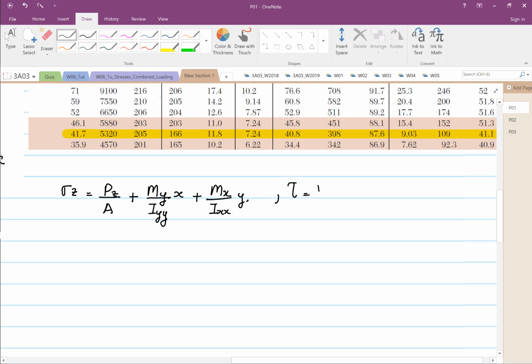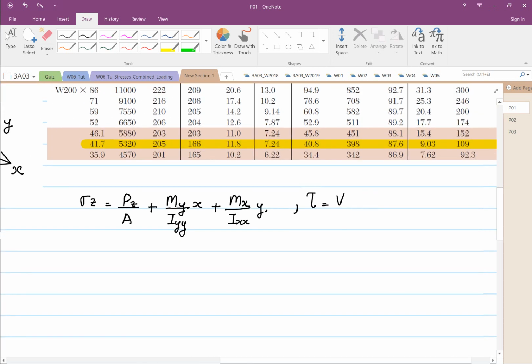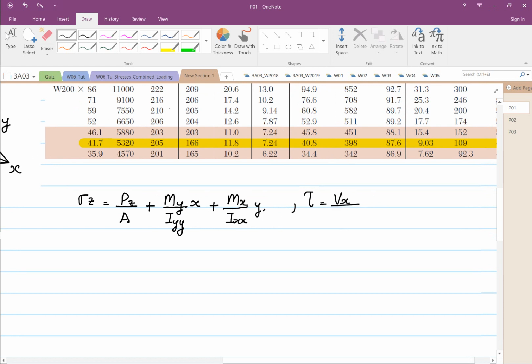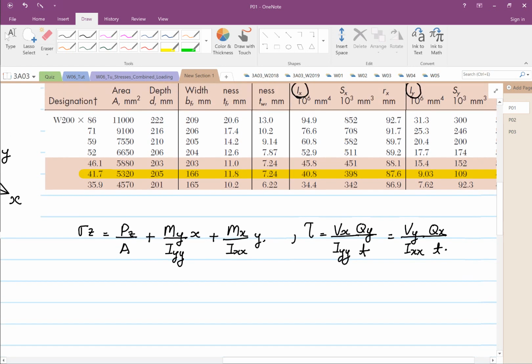We have shear stress in both directions. So it's Vx over Iyy, times the first moment of area about the y-axis, divided by t, and it can also be equal to Vy over Ixx, times the first moment of area about the x-axis, divided by t. So that's why it's critical to know where your Ixx and Iyy are and what they are.